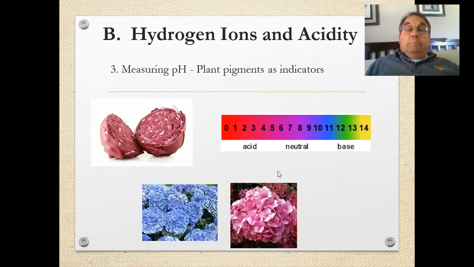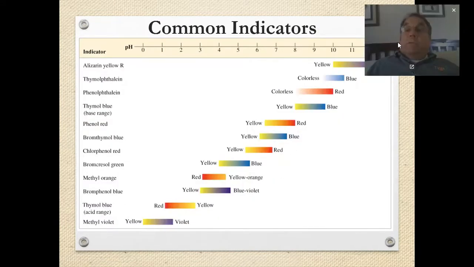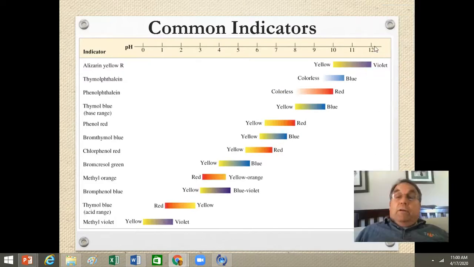So that's pretty cool. And then here's some common indicators, and you can see that each indicator changes under a fairly narrow band of pH differences. So if you want a broadband indicator, you have to mix various other indicators.